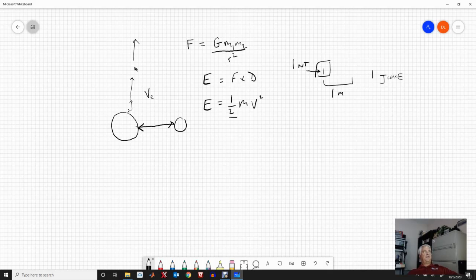Now, this can be derived very simply from the old F equals ma equation, the basic Newton equation, and a little calculus. You can get to this, but we're not going to do that here. So this is a given formula, and this is a given formula, and this is a given formula. So now we have these formulas that we can put to work for us.